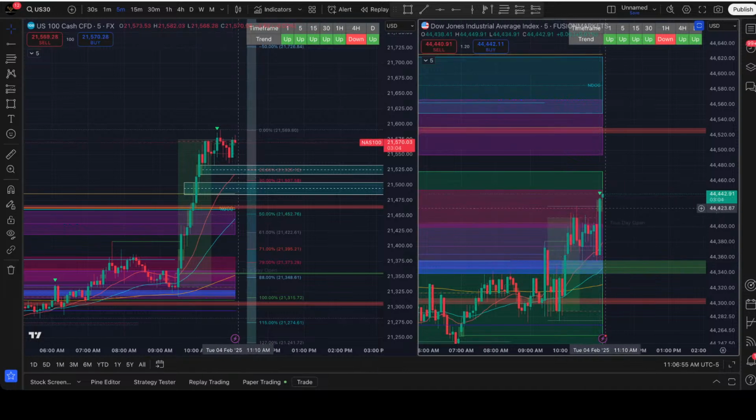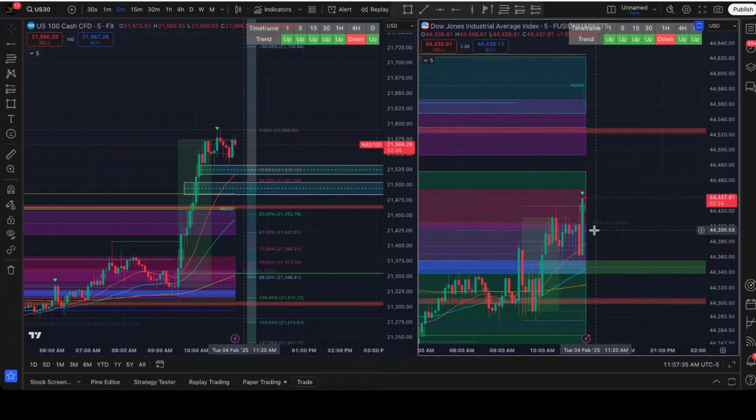First fair value gap, tap, and run is what we want to see. Two minutes, 28 seconds left. Let's see if this fair value gap stays open.